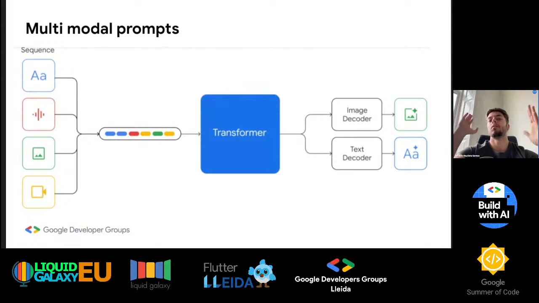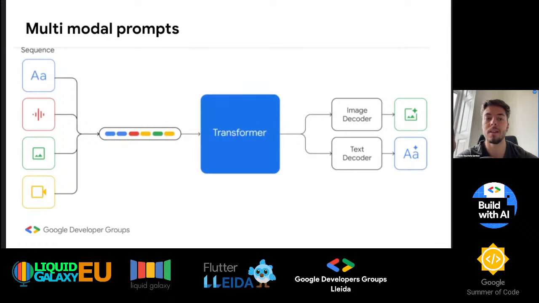Okay, so we have the model. We can ask with prompts and we can generate text. So it's like text to text. But with the new Gemini version, we can use multimodal prompts to generate text.